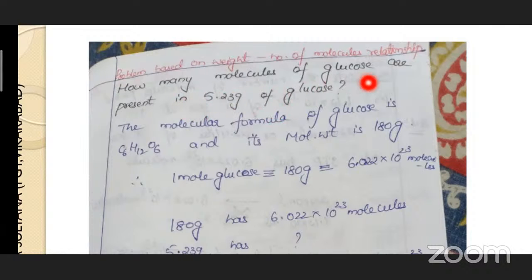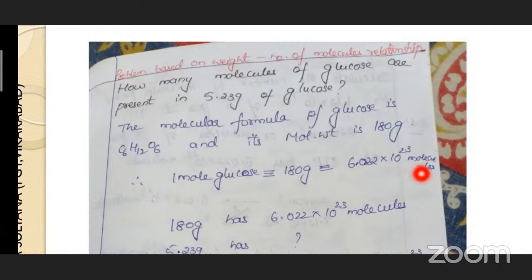We know that 1 mole of glucose means its weight is 180 grams, because 180 grams is the molecular weight of glucose. And 180 grams of glucose will be having how many particles? Avogadro number of particles. That is 6.022 into 10 to the power of 23.